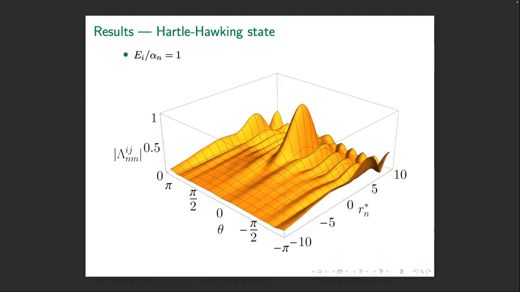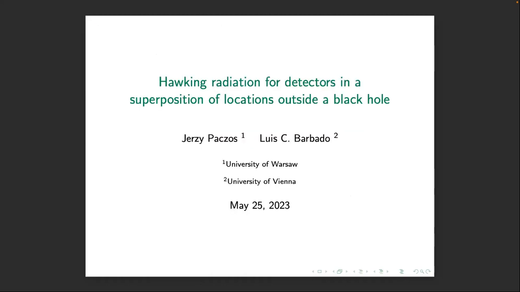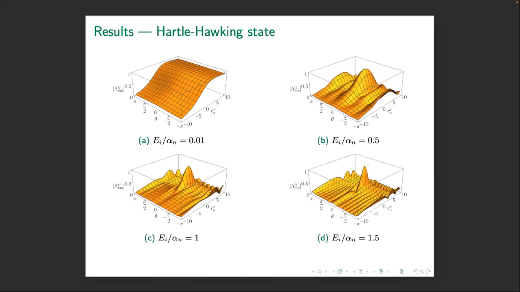So it's not very surprising that we have a maximal coherence here. The surprising fact is that the second largest coherence appears on the antipodes, so for theta equal to plus minus pi.